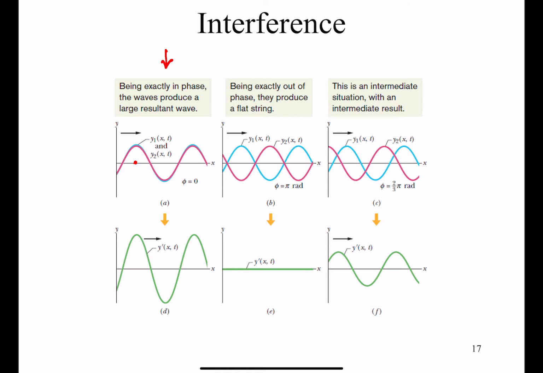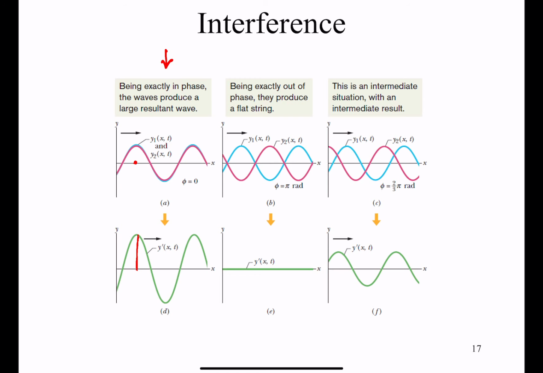So when both the waves pass through the medium, this particle is feeling forces from both of these waves simultaneously, and so it will have a displacement which is the sum of the displacements of y1 and y2, the sum of the displacements of the two waves. So the resulting displacement is y1 plus y2. And so you have a large displacement, right? In other words, the two waves are reinforcing each other.